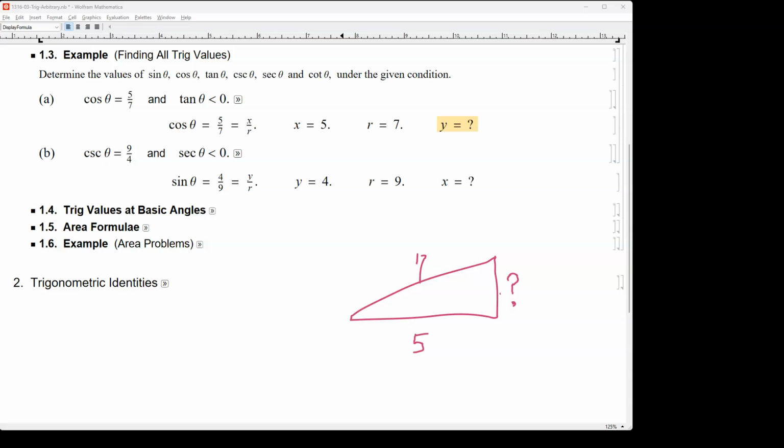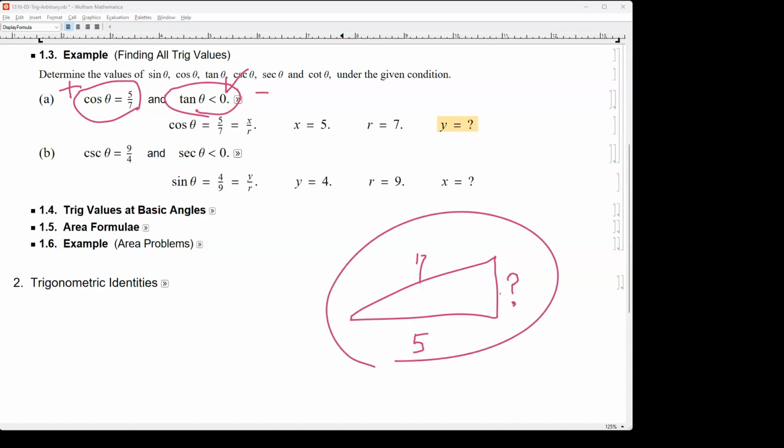So how does that work? Cosine is 5/7, so that's positive. And tangent is negative. So cosine is positive, so either it's going to be 1 or 4. Cosine is positive, but tangent is negative, so it's not 1, it's quadrant 4. So in quadrant 4 we have to draw a triangle, so it's not going to be this kind of picture.